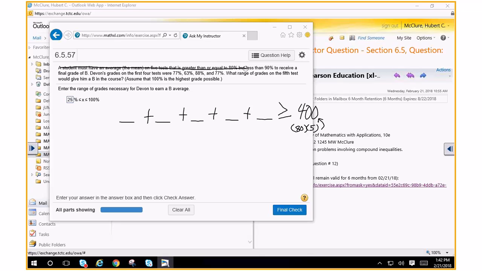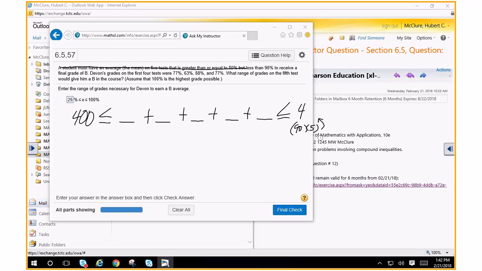Okay, less than, okay, hold on. Less than 90. So I'm going to say greater than or equal to 400 and less than, hold on. Less than or equal to, what's 90 times 5? 450.